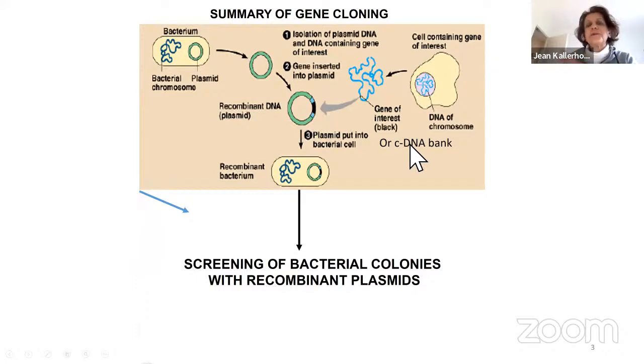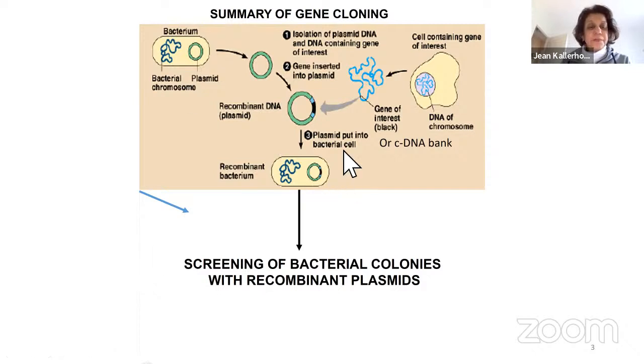So you will have cDNA banks or genomic banks. And all these will be put into bacteria, into something that we call bacterial transformation. We saw this last time, okay?